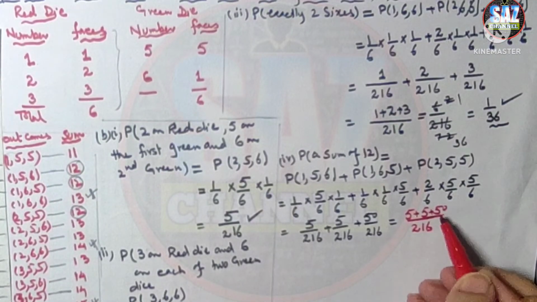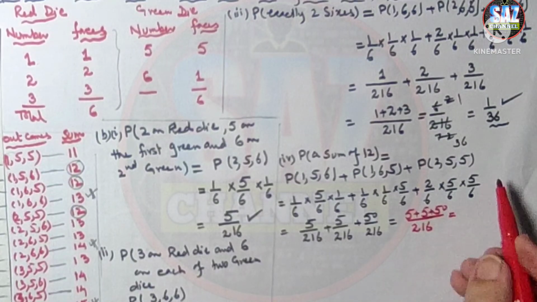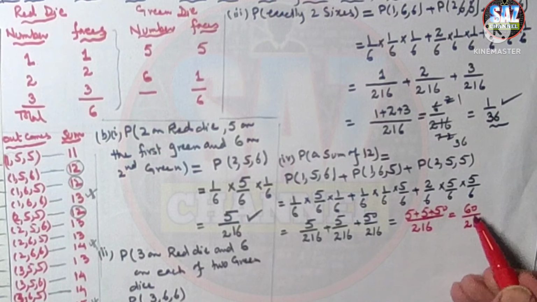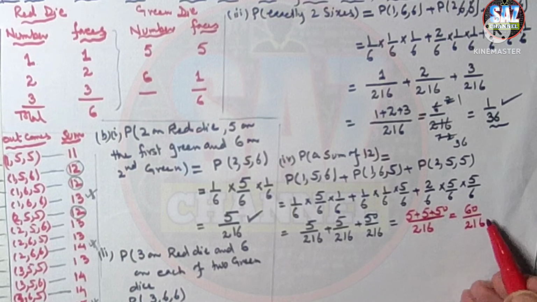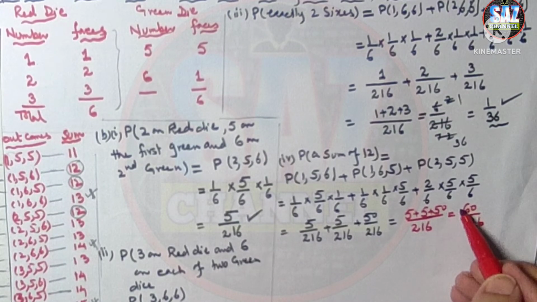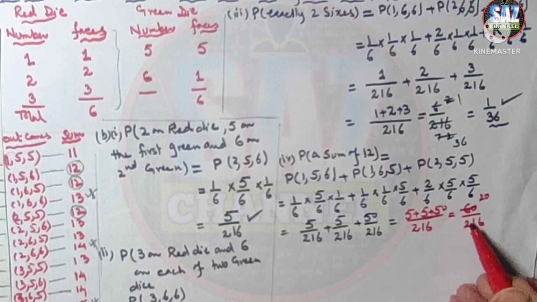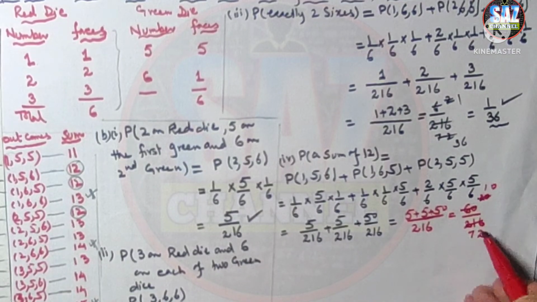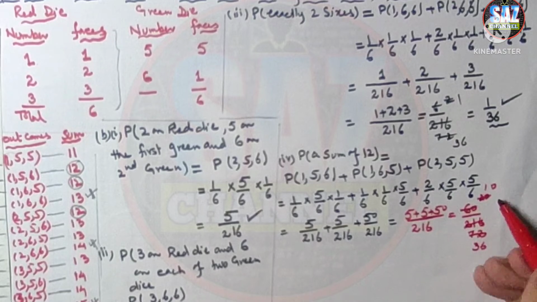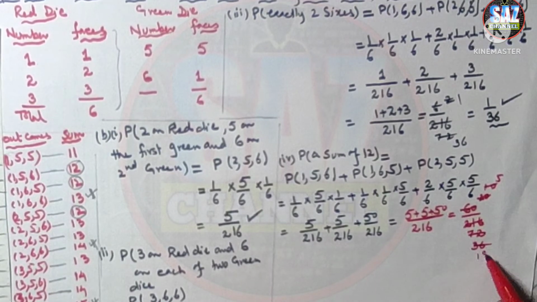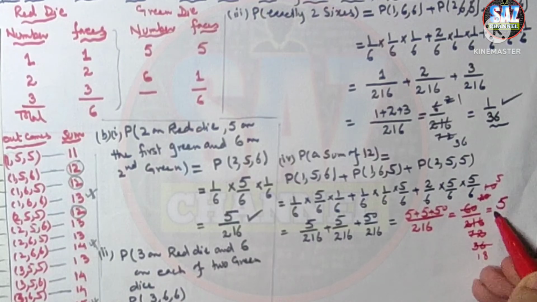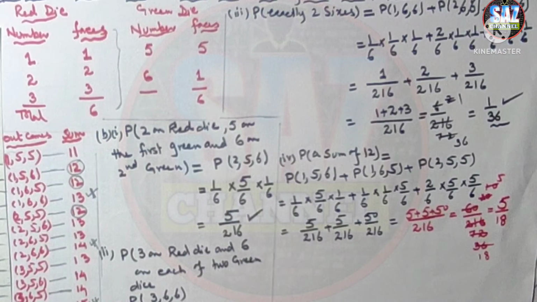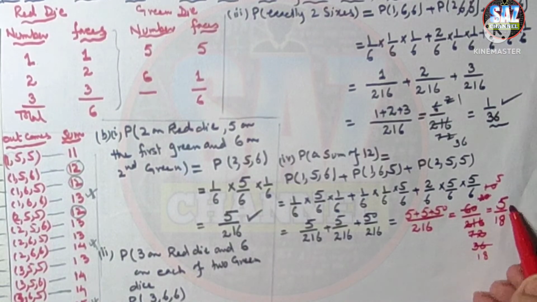So 50 plus 5 plus 5 is 60 by 216, and this gives me, if I am reading the table, 5 by 18. 5 by 18 are the chances for getting the sum 12.